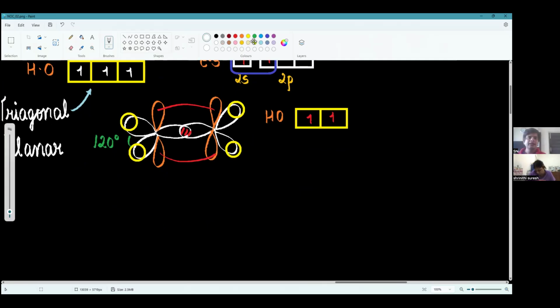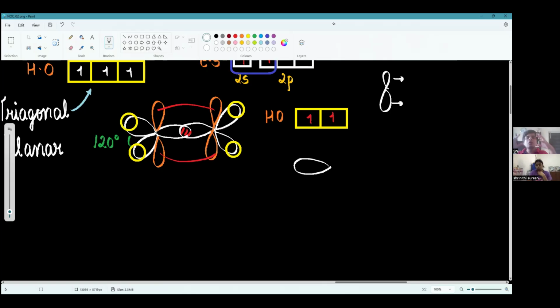So 180 degrees is the bond angle in linear geometry. Say this is the first hybrid orbital. Remember, during hybridization, if this is one orbital, say this is the upper lobe and this is the lower lobe, then the lobe which goes for bond formation gets automatically expanded, and the lobe which does not go for overlapping will be squeezed out.